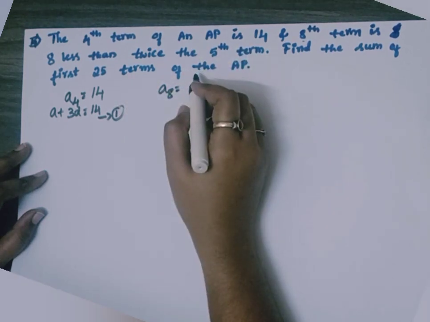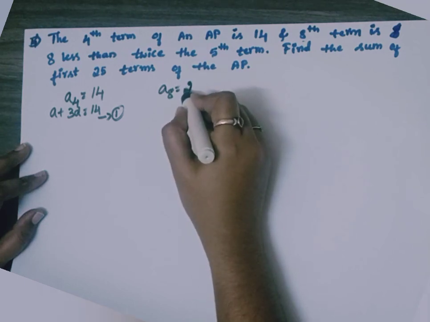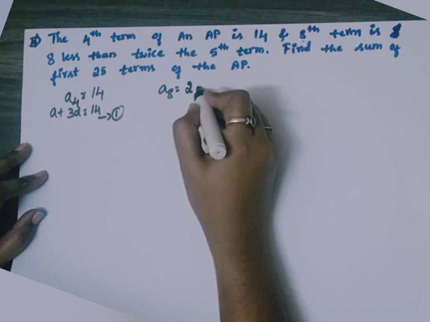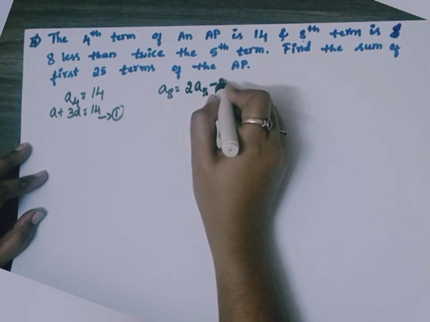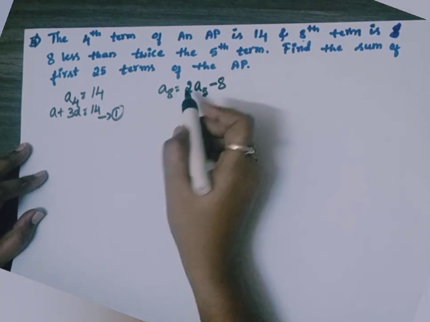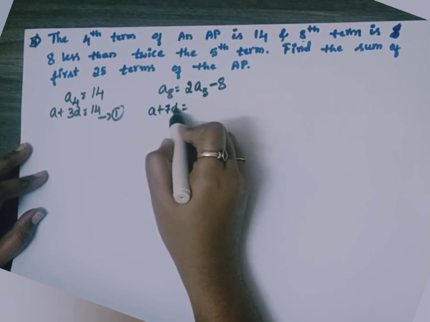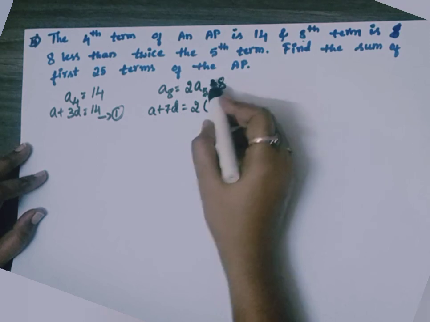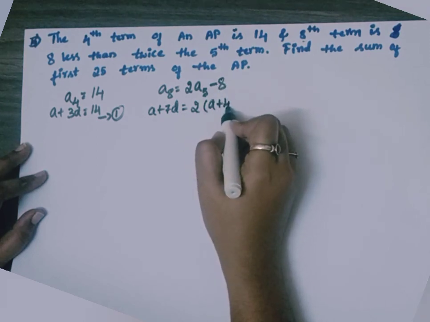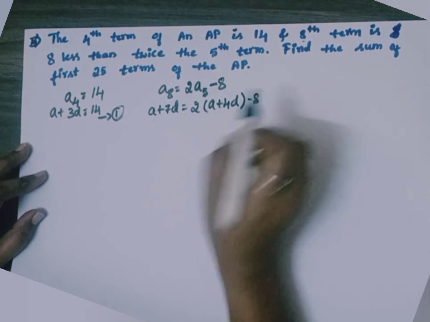So a8, I can write as a plus 7d, is equal to 2 into a5, which is a plus 4d, minus 8.